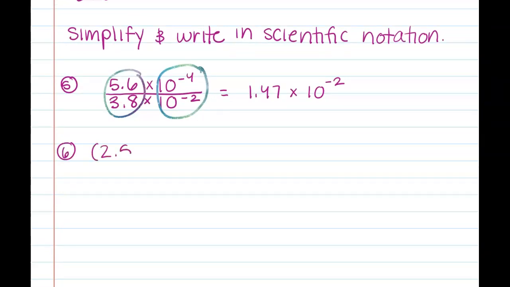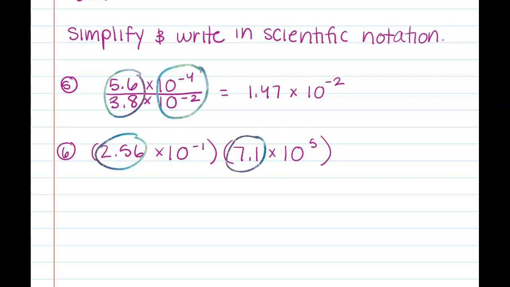Let's do 2.56 times 10 to the negative first times 7.1 times 10 to the fifth. So 2.56 times 7.1 is equal to 18.176 times 10 to the negative first times 10 to the fifth; negative 1 plus 5 is 4, so times 10 to the fourth.